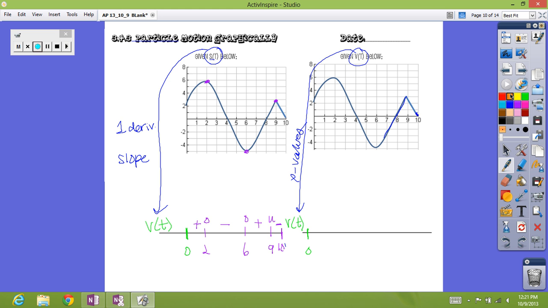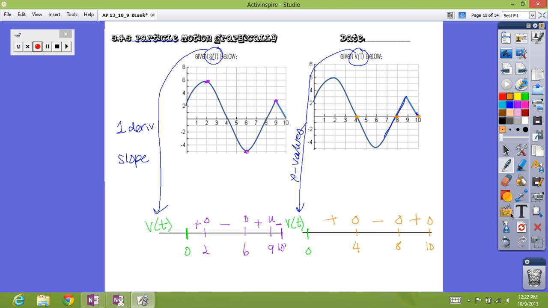Alright, so y-values are 0 here and here and here. Notice I say the word y-value, not velocity. Y-values are positive in the beginning because they're above the x-axis. Y-values are negative. Y-values are positive.